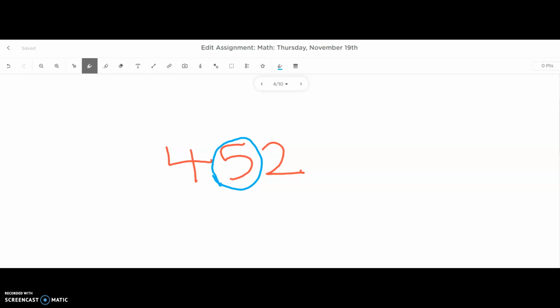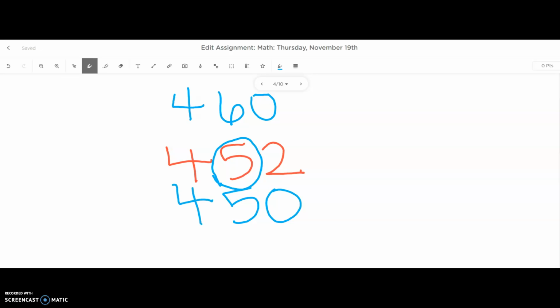Now if I'm counting by tens, that would be 10, 20, 30, 40, 50, 60, 70. Those are my tens. So if I have 50 right now, my next 10 would be 60. And everything to the left stays the same. So I'm either going to choose 450 or 460.